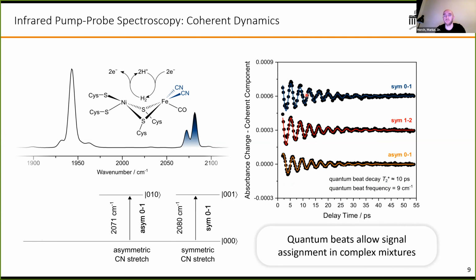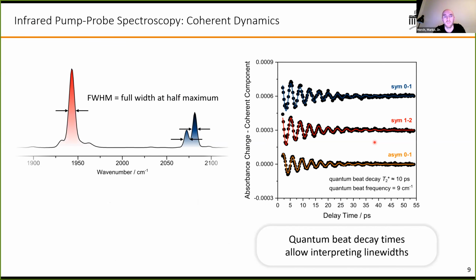Last but not least, we can also have a look at the time evolution of the quantum beats, because as you can see, they also get damped as a function of time. This is what we call dephasing. And this is quite helpful as well, because it helps basically to understand the information encoded in the line width of the infrared spectrum. And the information, or the idea behind this, is basically the following.